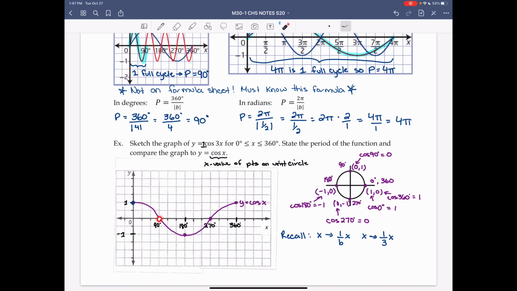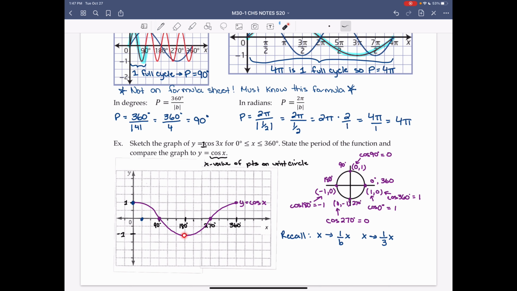The y value is going to stay the same at 0, but the x value is being multiplied by 1 over 3, which is the same as being divided by 3. So 90 divided by 3 is 30. These are going up by 30, so 30, 60, 90. Our point would move to here at 30, still with a y value of 0, because the y values aren't being affected here, just the x values.